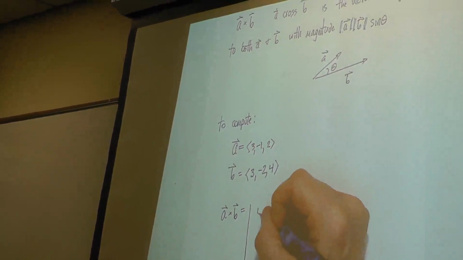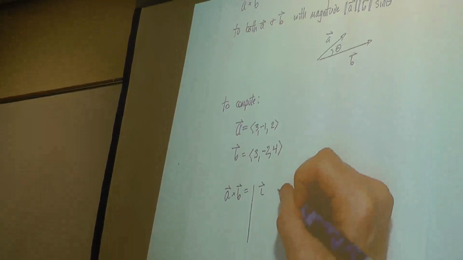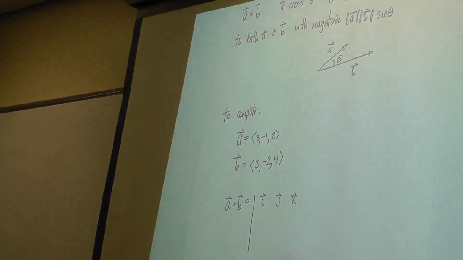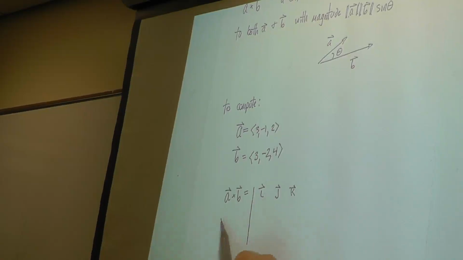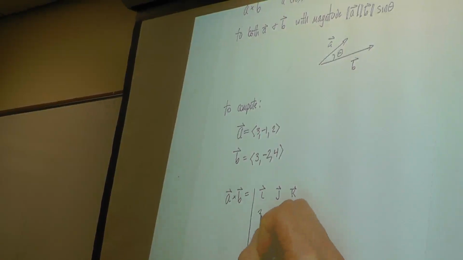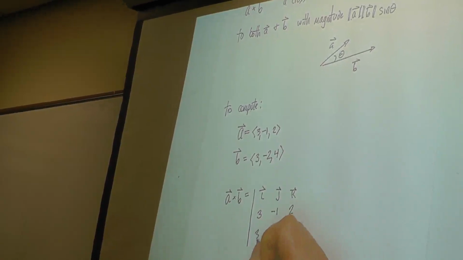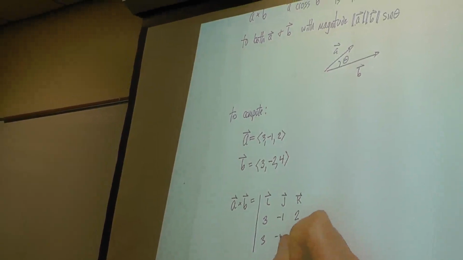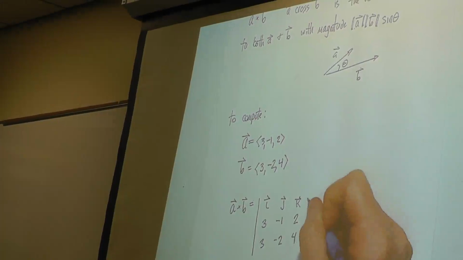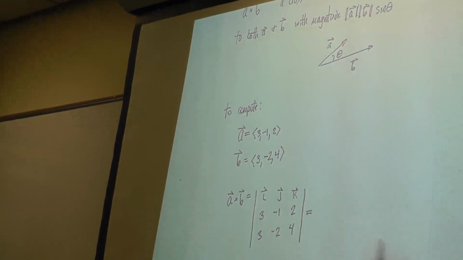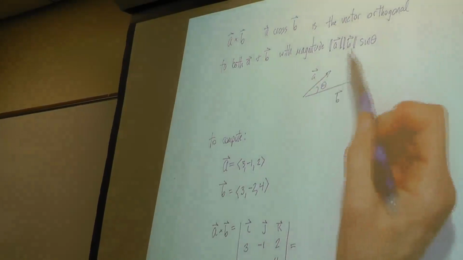Across the top row, I'm going to put the vectors I, J, and K. In order, I'm going to put the vector A, and then the vector B. That determinant will give me this vector.